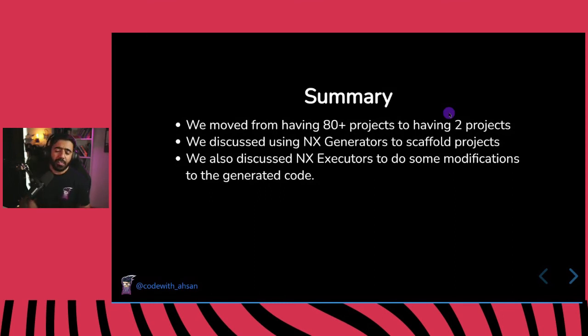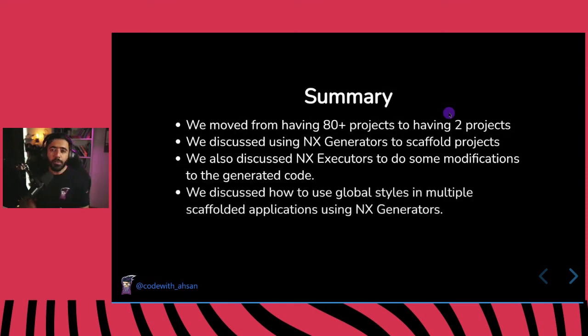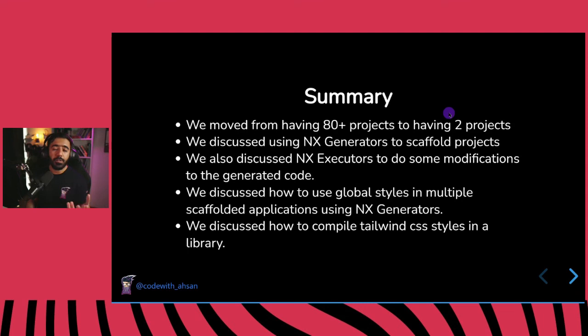We also discussed how we can export global styles using a library and then use NX generators to apply them to all the projects that we create. And finally, we also talked about how to compile the Tailwind CSS styles.